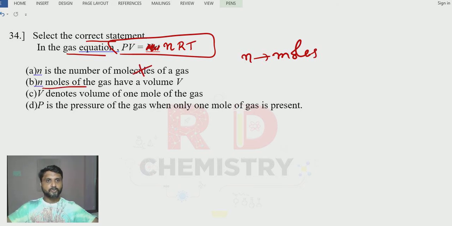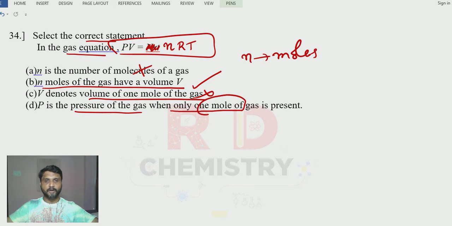N is the moles of the gas having the volume V is the correct statement. V denotes the volume of 1 mole of the gas, need not be 1 mole, since N is given here, it is for N moles of the gas, wrong statement. P is the pressure of the gas only when 1 mole of the gas is present, need not be 1 mole only, so wrong option. So the correct statement is option B, right?